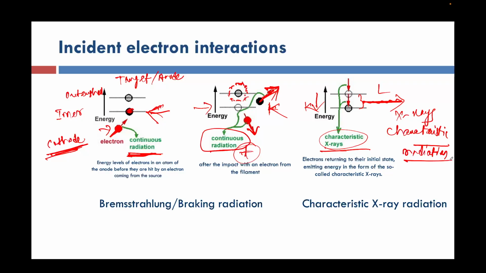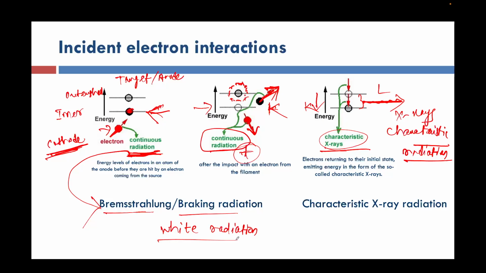This characteristic radiation we use to characterize our materials. And this continuous radiation is sometimes also called Bremsstrahlung radiation, which is a German word, or sometimes braking radiation, or another name is white radiation. Why white radiation?